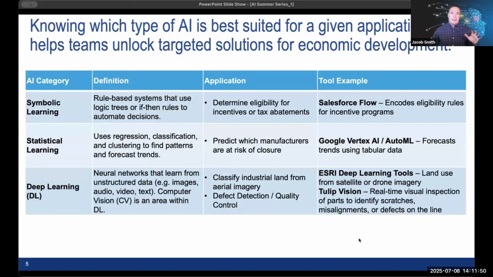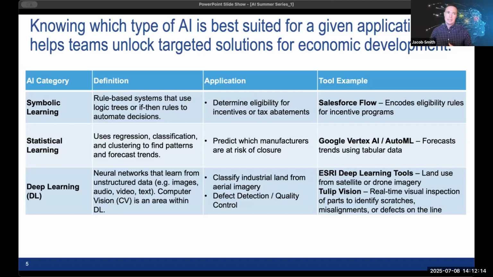So to give an overview of what some applications are within AI, I think one of the key takeaways that is important for folks to understand as you start to think about how to apply AI, it's important to match the type of AI with the application, because some types of AI are much better suited for a particular application.